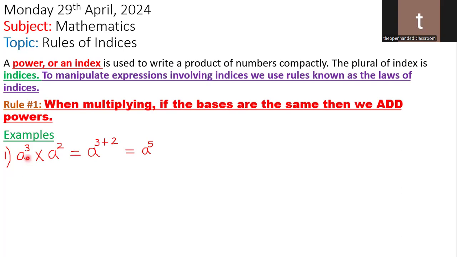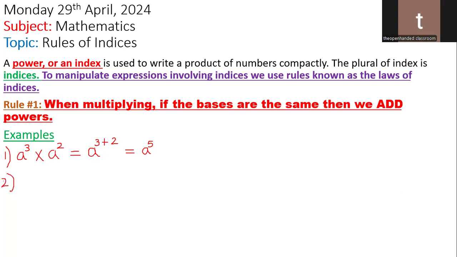First you multiply a to the power of 3 by a to the power of 2, and then you get a to the power of 3 plus 2, and that'll give you a to the power of 5. Very good. Okay, so once the bases are the same and you're multiplying, you're going to add the powers.